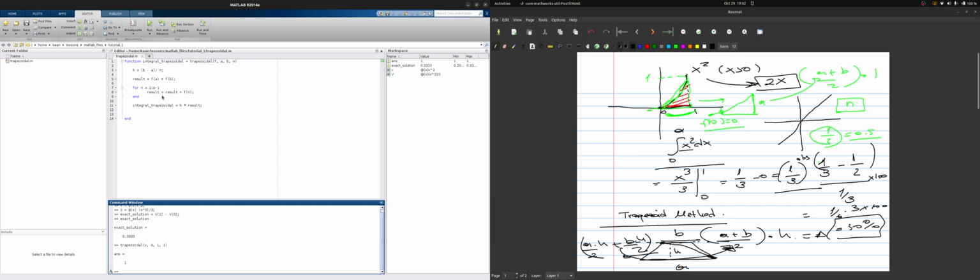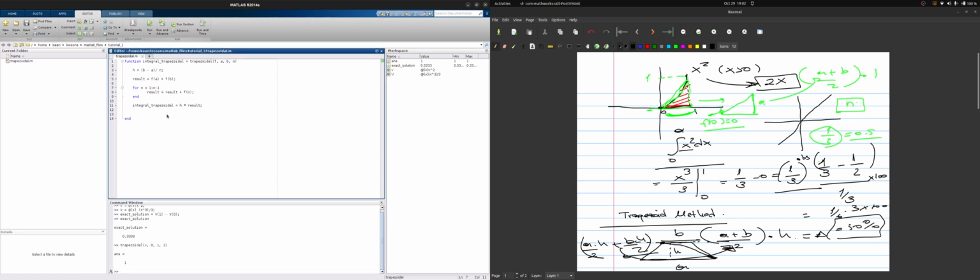The loop went from 1 to n, okay, here we had a problem. For example, this should be i, and this should be i. Now save this file.